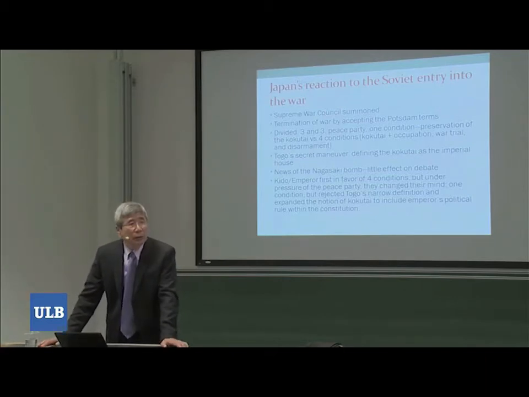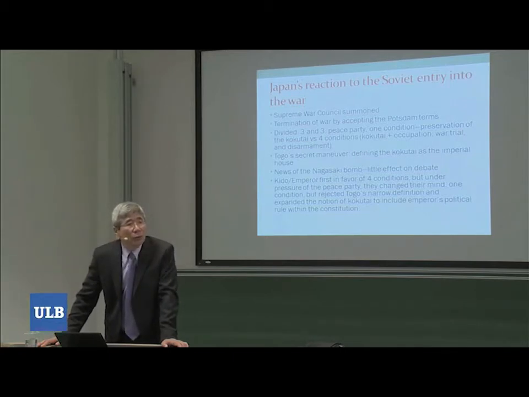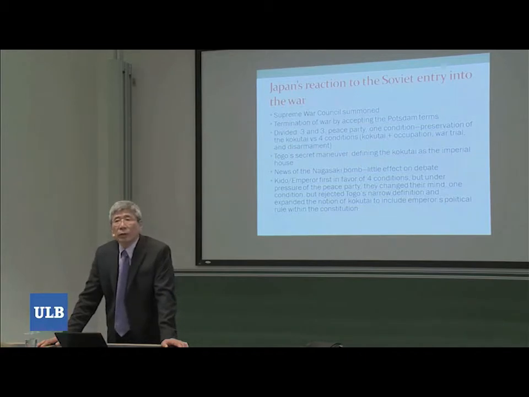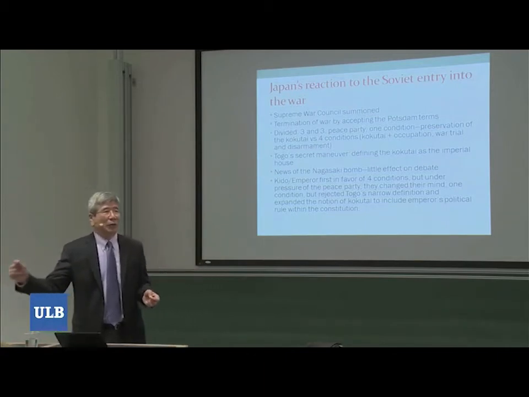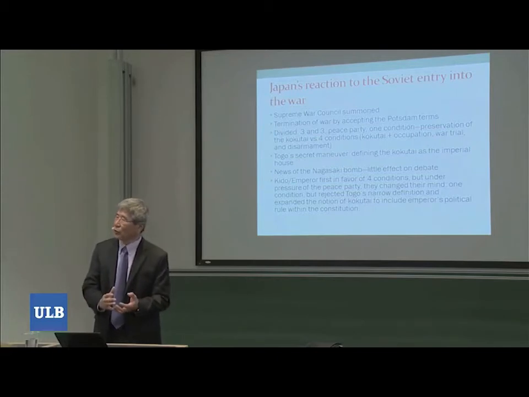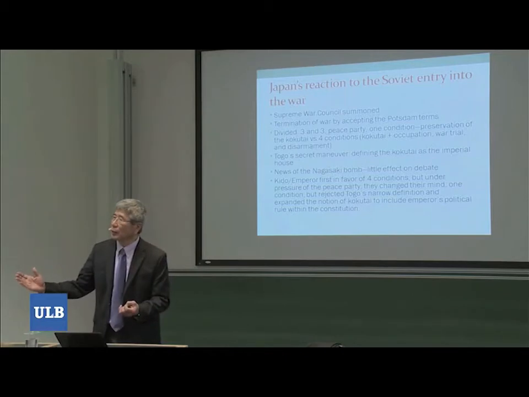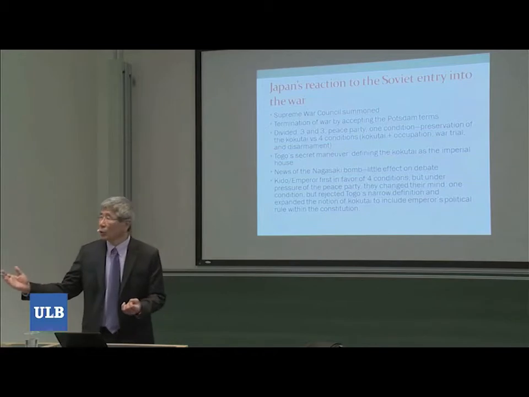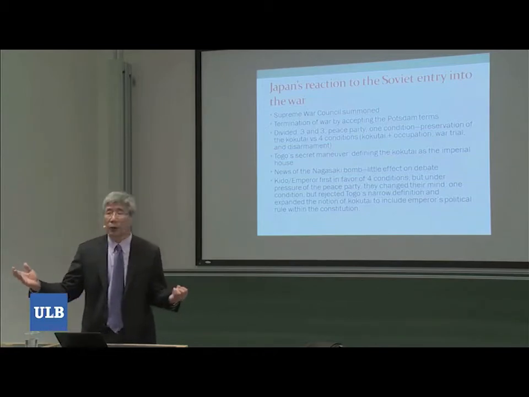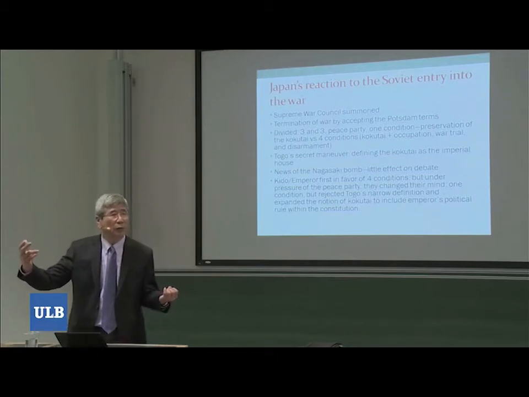My guess is that the emperor accepted, rather than four conditions, one condition. My speculation, without evidence, is that the emperor did not accept Togo's narrowest definition of preservation of the imperial house. He expanded it a little bit and insisted on the emperor's political role. That is the second notion, right?